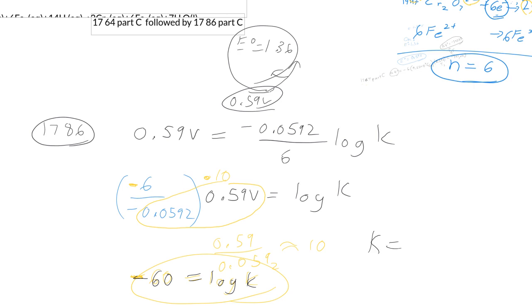And then they're saying you raise both sides by 10 to get rid of the log. So you have K equals 10 to the negative 60. And that's where they're getting it. The problem with that is everybody uses calculators.